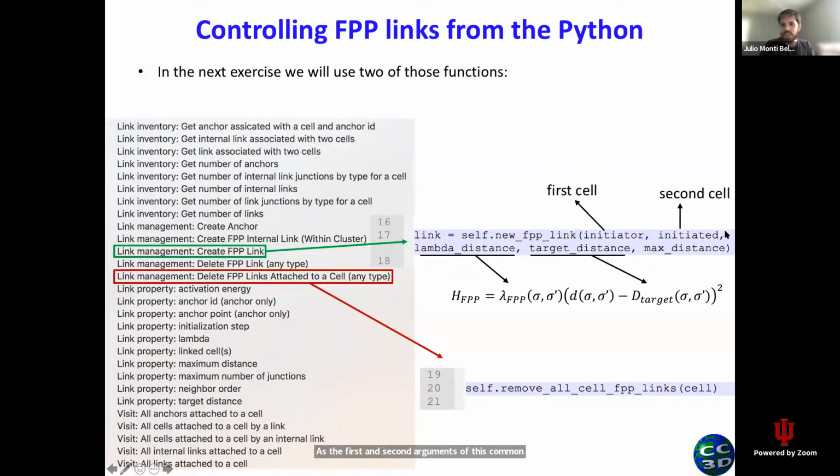Either 2 nested loops before that, or maybe a simulation only has 2 cell types, so you already know where they are. So it assumes that you already have a hold of those 2 cells in your code. Yeah, 2 nested loops would be a way to do it. More questions?